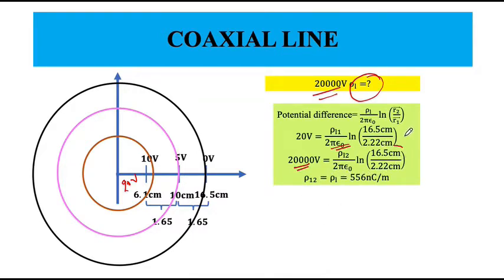So you can divide one by the other and show that rho L2 is equal to 1000 times rho L1. In other words, the new line charge density that we are looking for in this 20,000 volt situation is 556 nanocoulombs per meter.